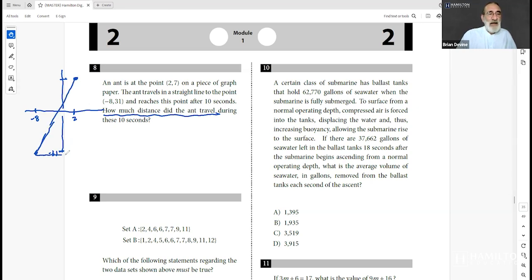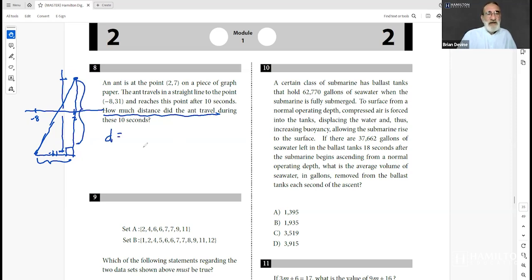Now I can look at the fact that horizontal and vertical distance are going to form sides of a right triangle. So I can utilize the distance formula. The hypotenuse has got to be the square root of the square of that length plus the square of that length.